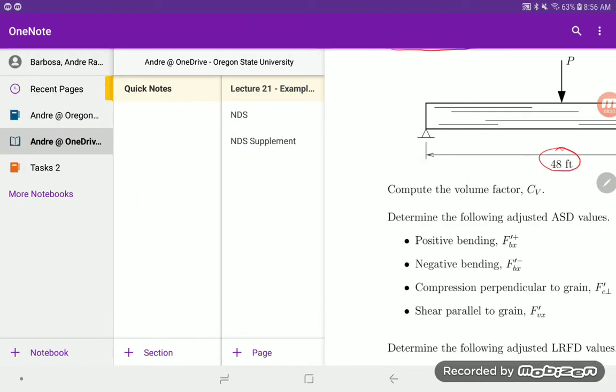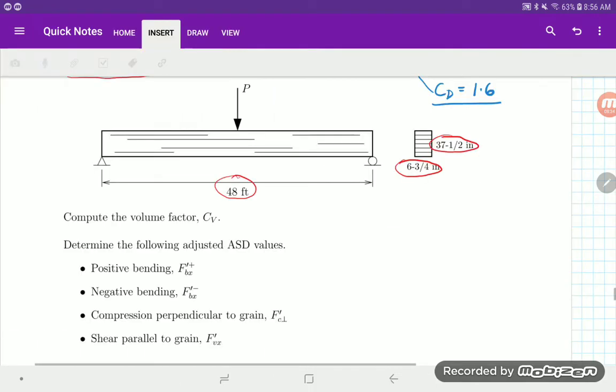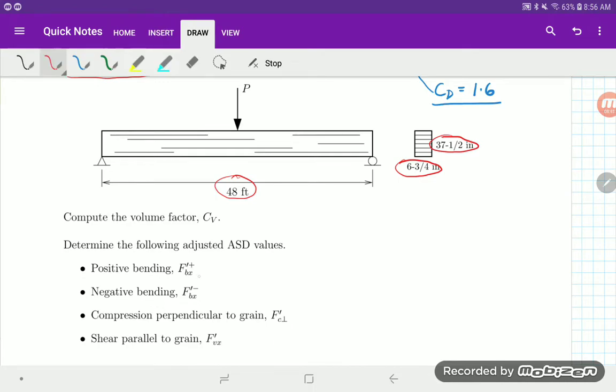For our positive bending value, Fbx+, this would be equal to our reference value in X, and then I need to multiply by all of those factors that I just saw on Table 5.3.1: C sub D, C sub M, C sub T for temperature, our stability factor, then CV the volume factor, the flat use factor, curvature, and the interaction. We'll have to look at each one of these independently.